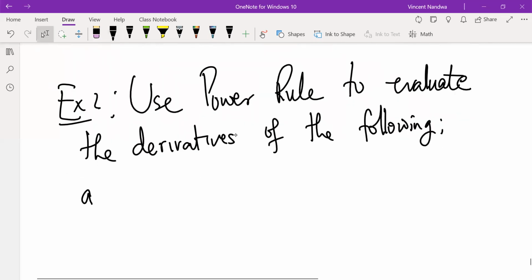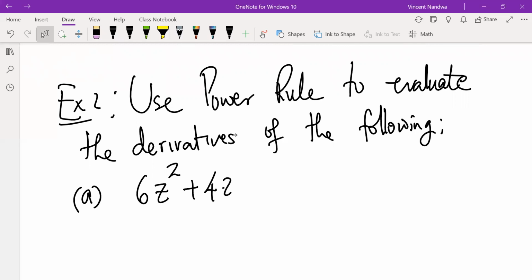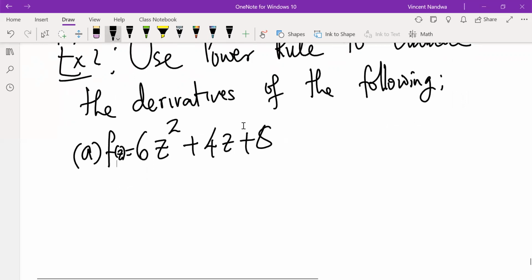So 1, 6z squared plus 4z plus 8. So this is f of z. Now solution.